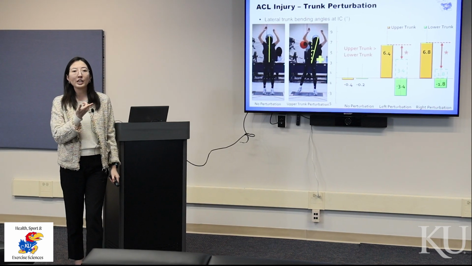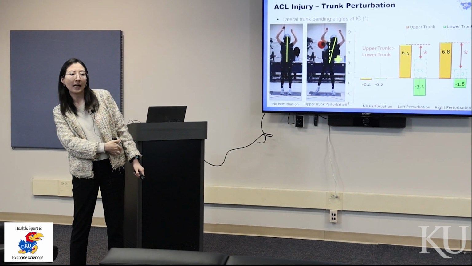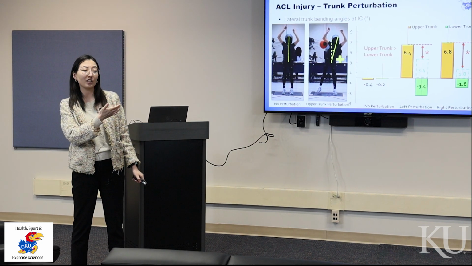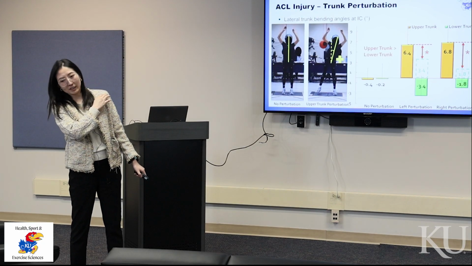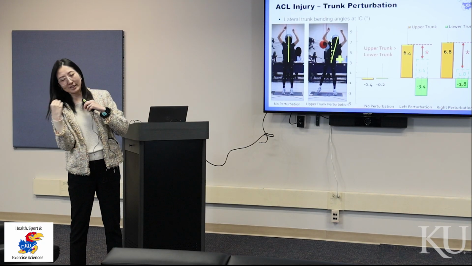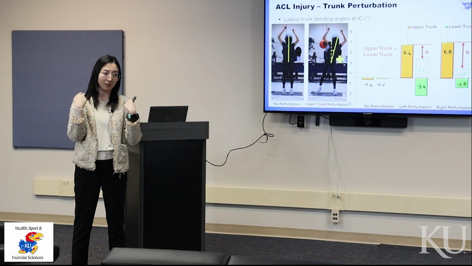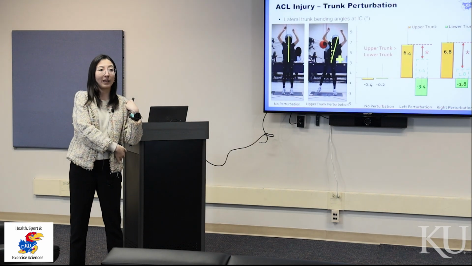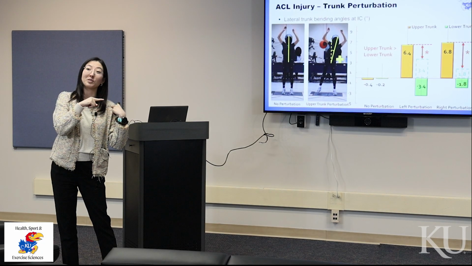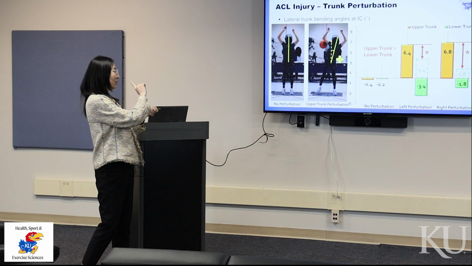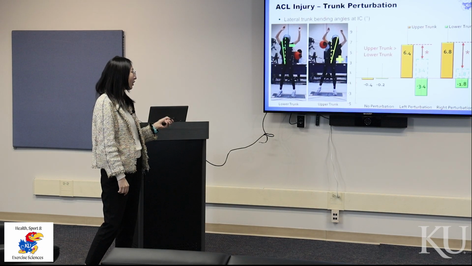When the perturbation happened at the upper trunk, it showed greater bending compared to the lower trunk, and then it showed the opposite direction. That means if I'm being pushed at my shoulder, of course I will bend towards the opposite side. However, if my shoulder is not moving, but my hip is being pushed to the opposite side, I'm actually bending to the other side. So that is what those positive and negative numbers mean here.